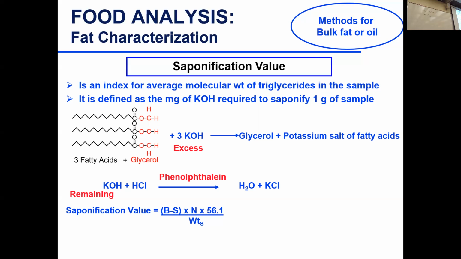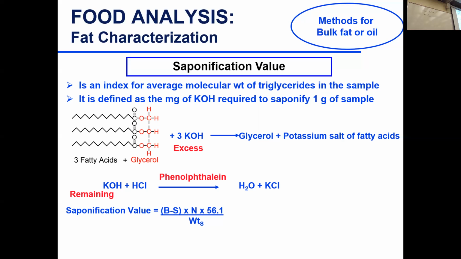And the normality of HCl, and this would be in milliliters. You see here it is only dividing by the weight of the sample. There is no 1,000 at the bottom, and there is no 100 multiplied. Why? Yes, it's milligrams, not grams.